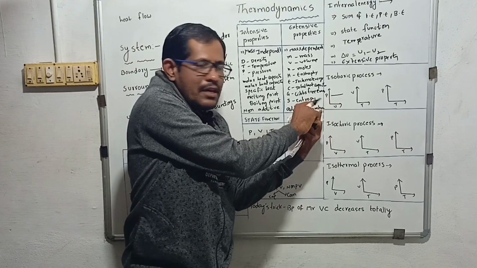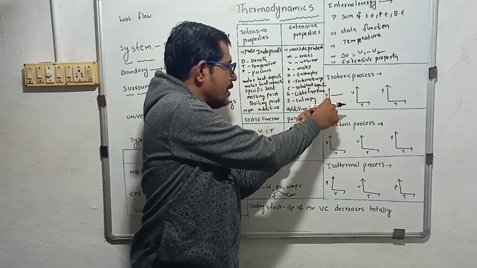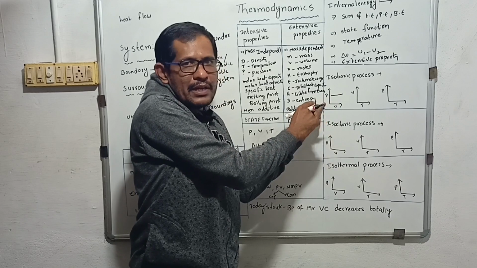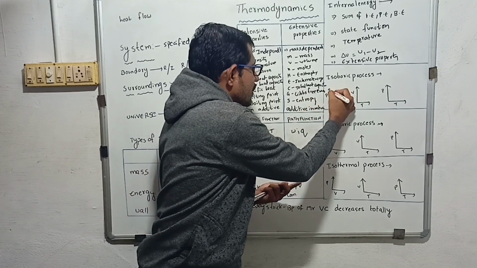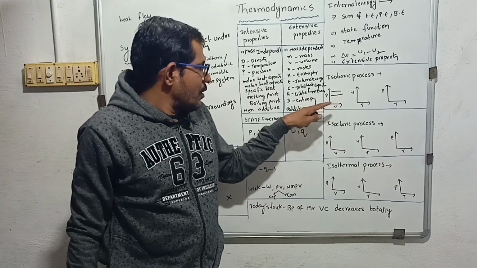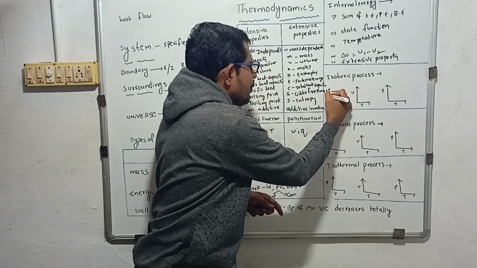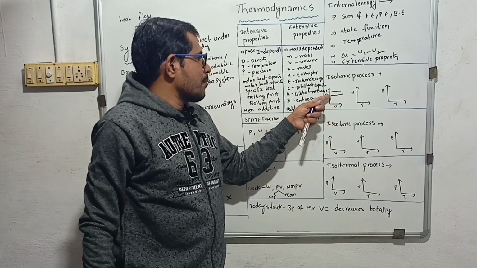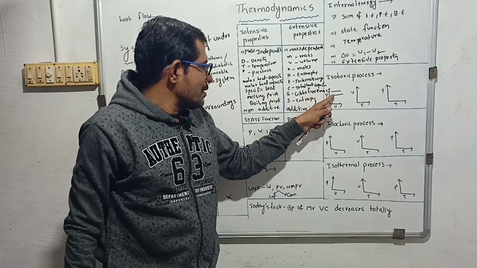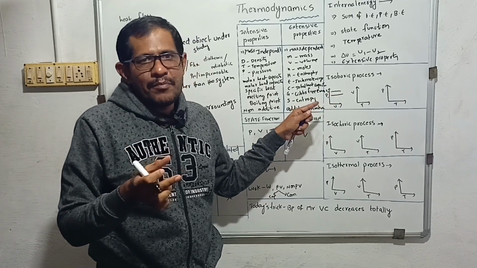If you observe this carefully, if pressure changes, the pressure will be rising, with values like 1, 2, 3, 4, 5. If pressure changes, two lines will come, this will become P1 and this P2, so we can calculate the change in pressure, P1 minus P2.